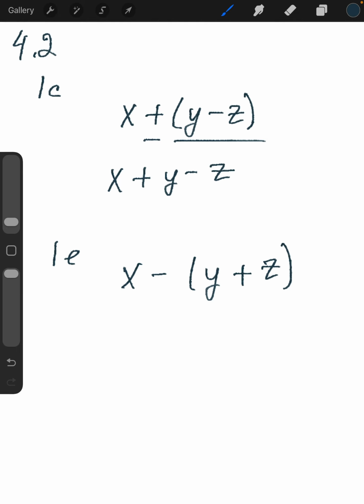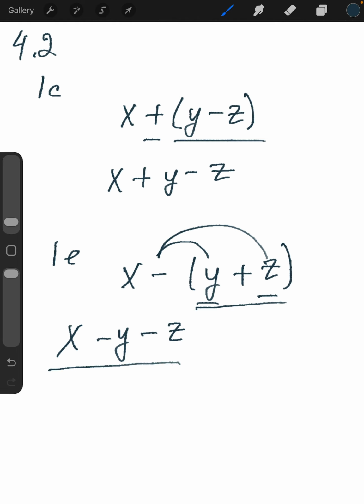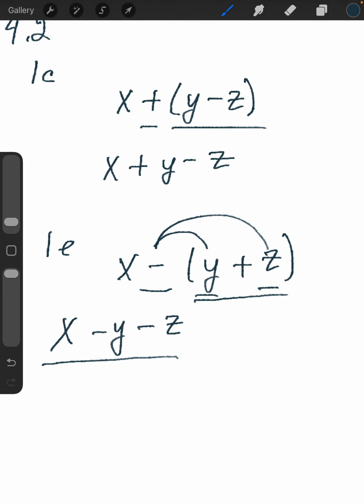In this case, we simply just change the sign of the expression inside the parentheses, right? So we've got x, and then we have minus y, and then we have minus z, right? You see how positive y and positive z changed into negative ones with the negative sign in front of the parentheses.